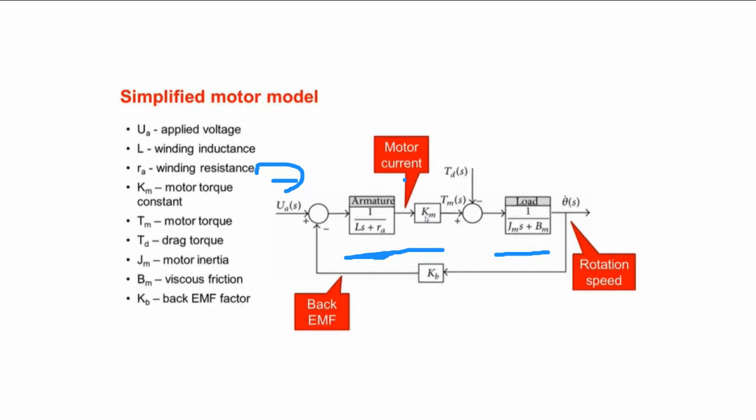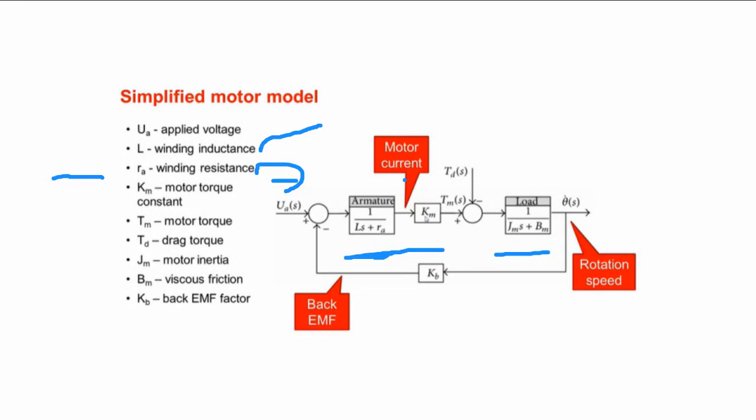All right, so we will look at the pieces in these. We have a coil of wire, so it has an inductance, and that is the inductance of the motor right there. This is winding inductance. This is winding resistance.